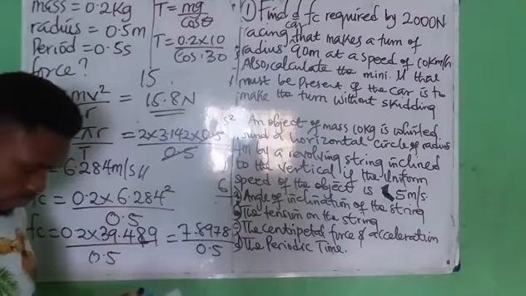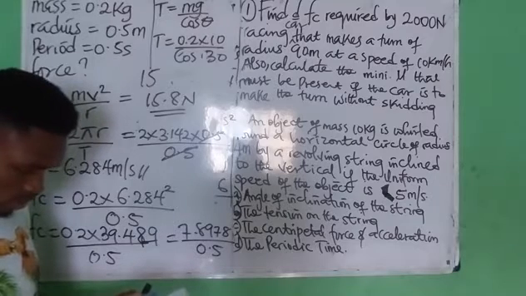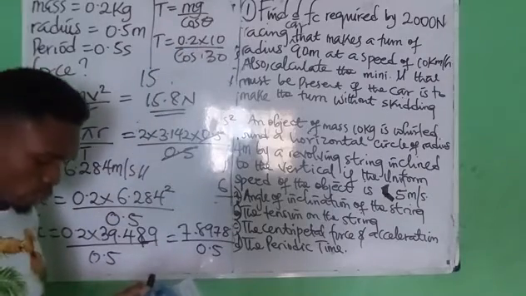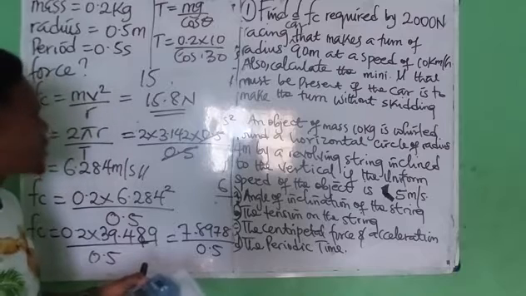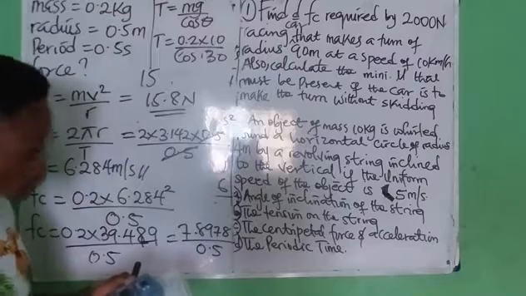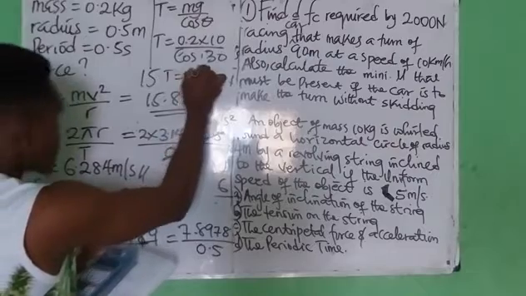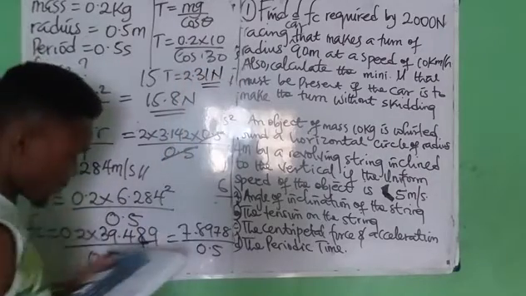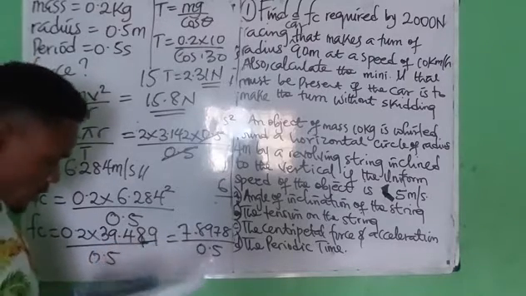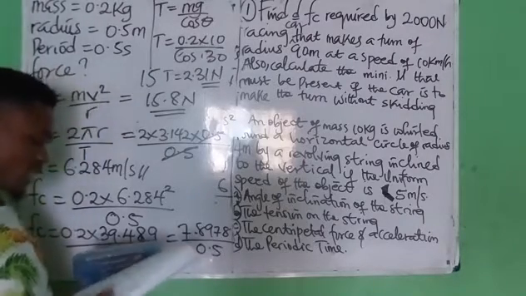So 0.2 times 10 is 2. So 2 divided by 0.8660 equals 2.31 Newton. The textbook got 2.26, that is close, isn't it?